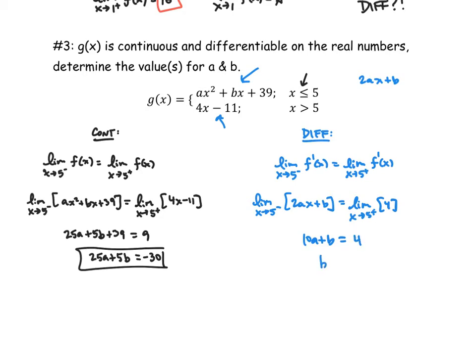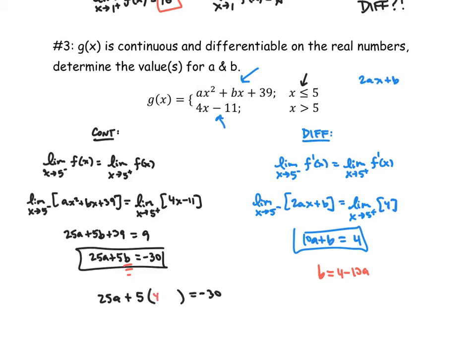And so I'm going to solve for b, although this is useful. Okay, I'm going to solve for b here. Let's put it in a different color. How about red? Yeah, let's do that. So b equals 4 minus 10a. I'm going to plug that in over here for b. So over here, now I'm going to solve. So 25a plus 5 times b equals negative 30.